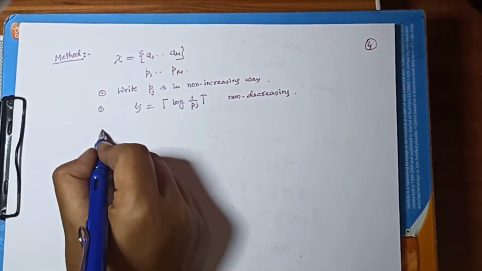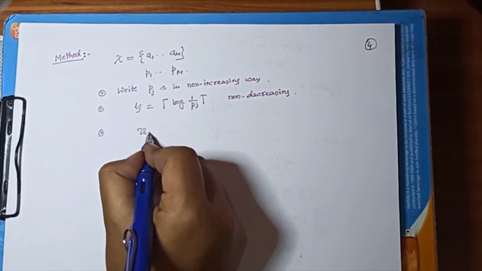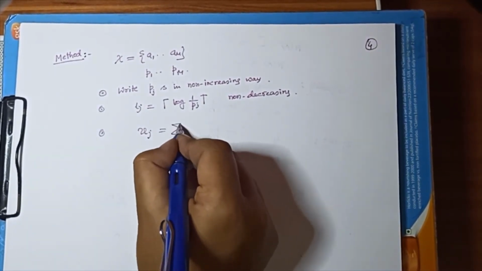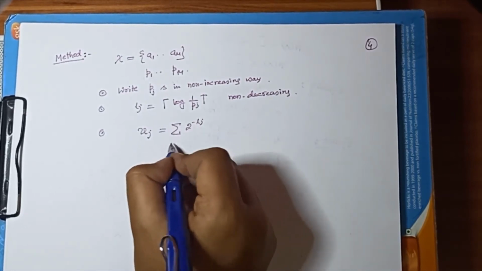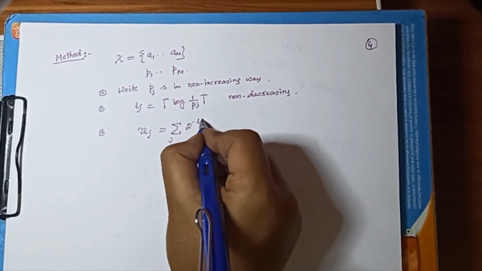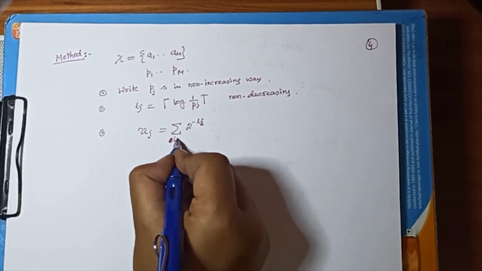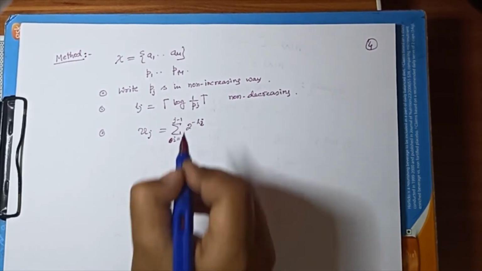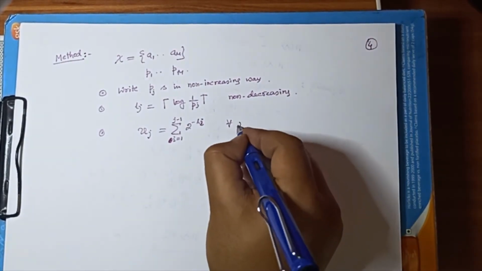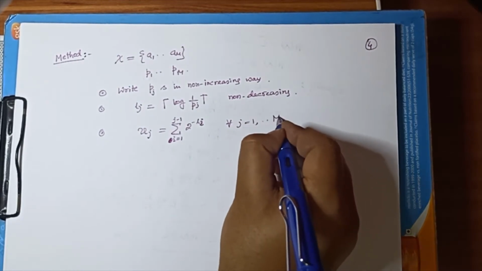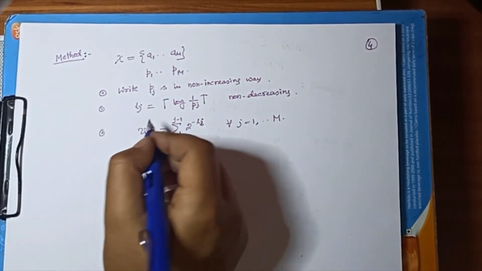Then assign Uj equal to the summation of 2 to the power minus Li, i is equal to 1 to j minus 1, for all j equal to 1 to m. The first value u1 is equal to 0, of course.